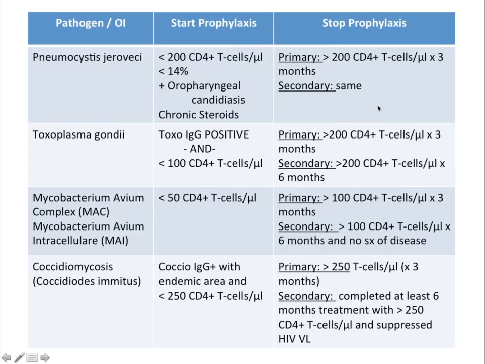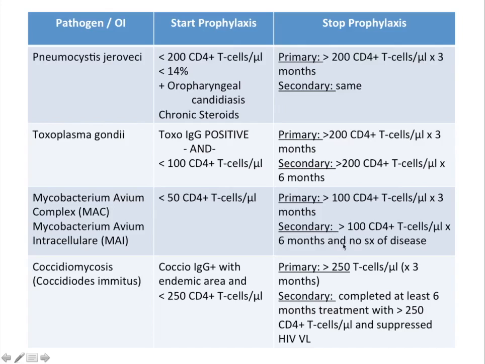And secondary means they've had the infection before, so you're waiting a bit of a longer period. For PCP, it's the same, but for toxo, you want to wait 6 months above 200. And for MAC, really you have to treat them for almost 10 to 12 months. But usually you're doing secondary prophylaxis.